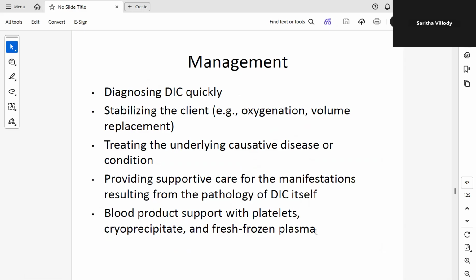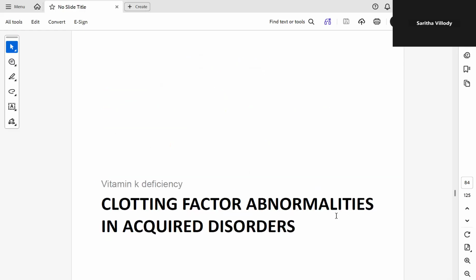Fresh frozen plasma has multiple clotting factors, so it's like a blanket treatment. It kind of fixes most of the clotting factors. So if we're worried about multiple clotting factors, we will give them fresh frozen plasma. If we're worried about low fibrinogen and bleeding happening, then we give cryoprecipitate. If we're worried about low platelets, then we replace them with platelets. That's how we treat it.